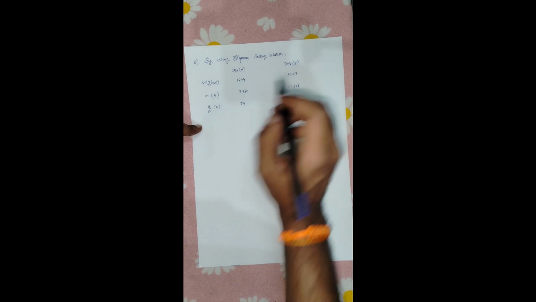Now I'll let you know how we write down the values of collision diameter and epsilon by k. This is from the table. I hope you are able to see well. Here, in terms of hydrocarbons, we have methane CH4.